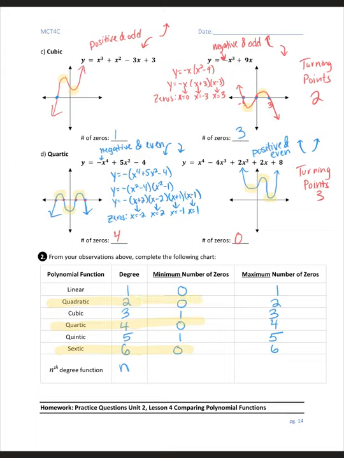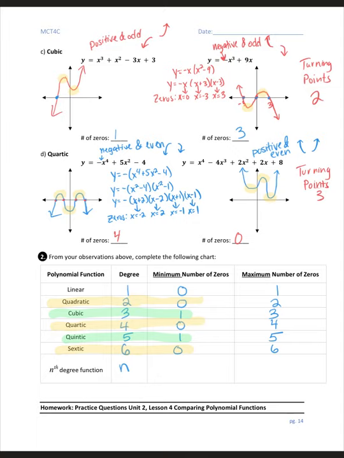Okay, if we had an odd degree, the minimum number of zeros you could have is 1, other than my linear, right? My linear kind of stands on its own because it's a line. It doesn't have any turning points, so that one is kind of an outlier. So let's just summarize that.